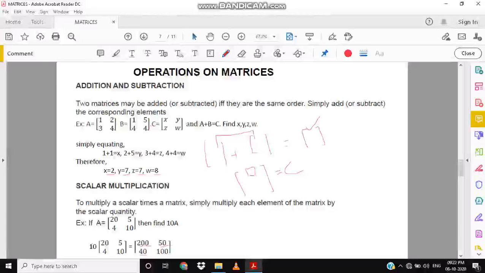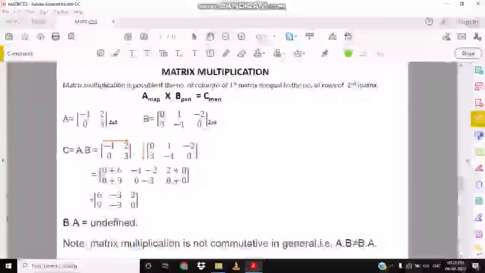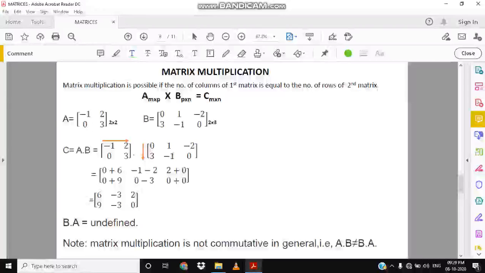Coming on to the next part, matrix multiplication. Now what is matrix multiplication? We will be multiplying two matrices to get the final matrix. Here is a condition which we need to remember while multiplying two matrices.